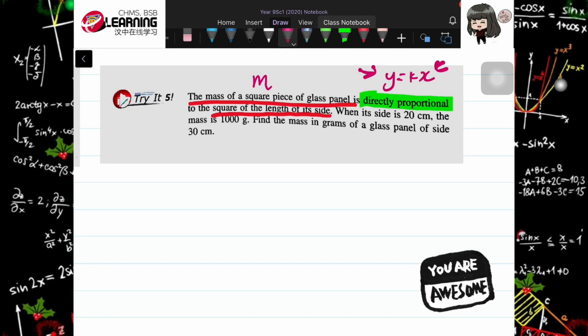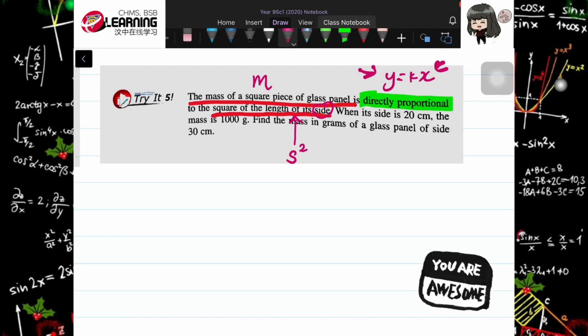The mass of a square piece of glass panel is directly proportional to the square of the length of its side. So if we say square, it's not just x anymore. Let it be s as side. Square of the length, so you need to square it.